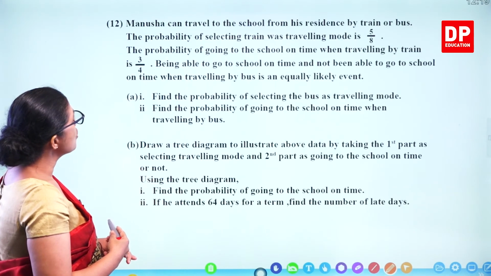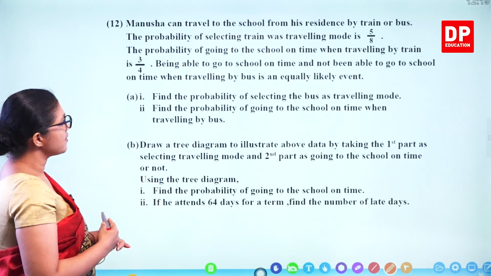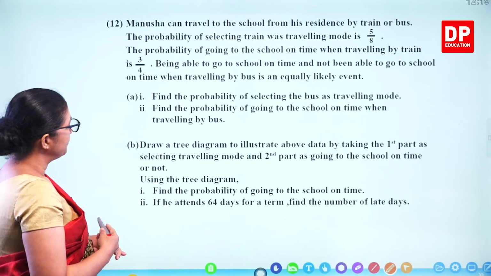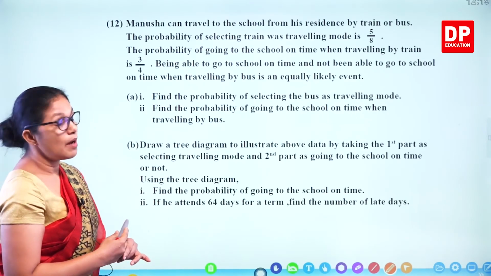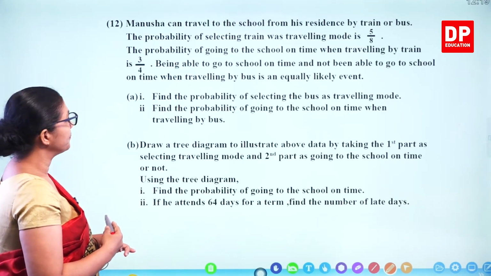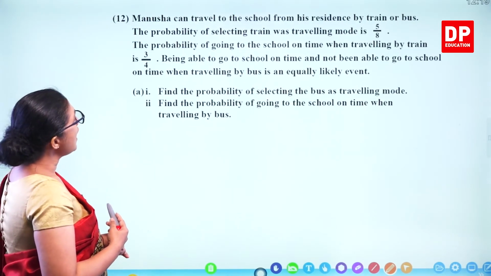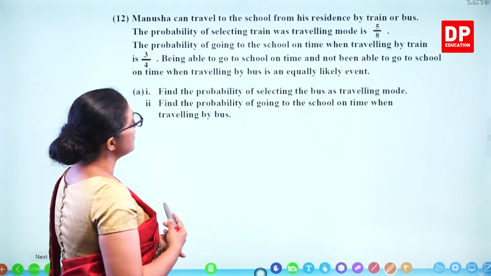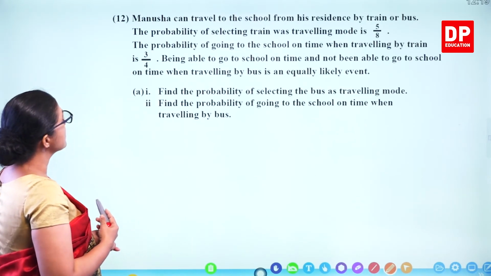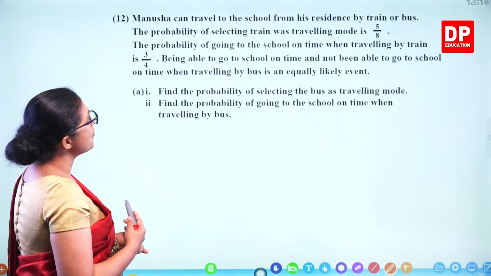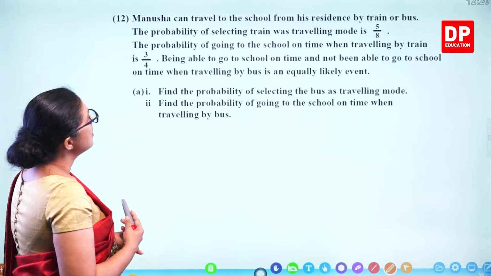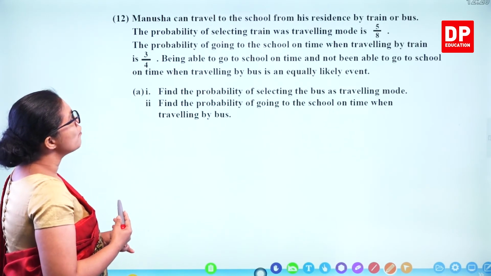So the last question has 2 parts. That's about probability. We'll do it step by step. Manusha can travel to the school from his residence by train or bus. The probability of selecting train as the traveling mode is 5/8.